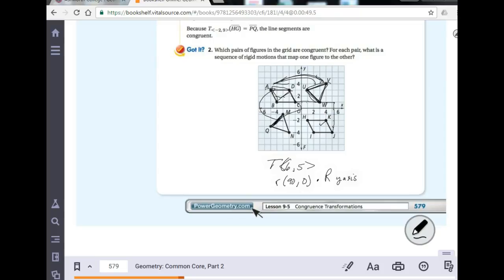The whole point of this section and chapter is not only recognizing the motions, but understanding that rigid motion simply means that whether you reflect it, rotate it, or translate it, which means slide it, you're keeping the same shape as the original, which means those two shapes will stay congruent to each other. That's the real important part of this example. Okay? Best of luck.